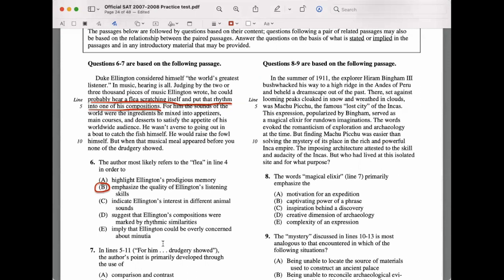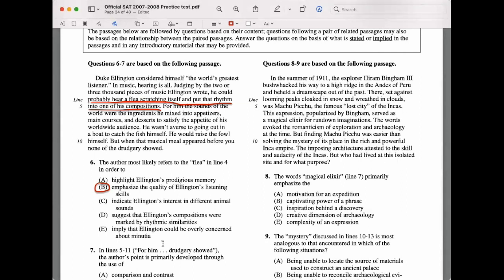This expression, popularized by Bingham, served as a magical elixir for rundown imaginations. The words evoke the romanticism of exploration and archaeology at the time, but finding Machu Picchu was easier than solving the mystery of its place in the rich and powerful Inca Empire. The imposing architecture attested to the skill and audacity of the Incas, but who had lived at this isolated site and for what purpose?